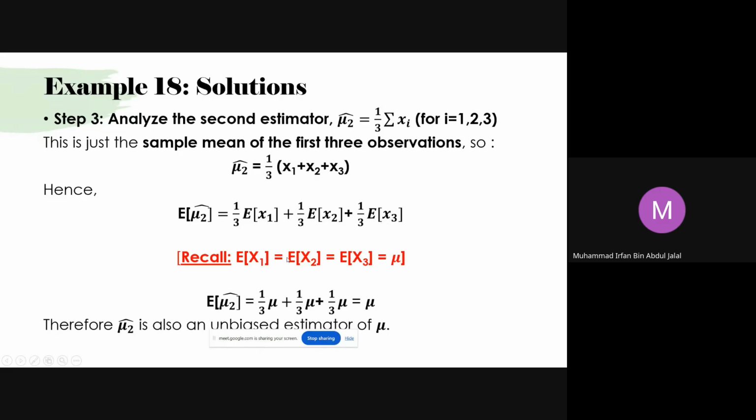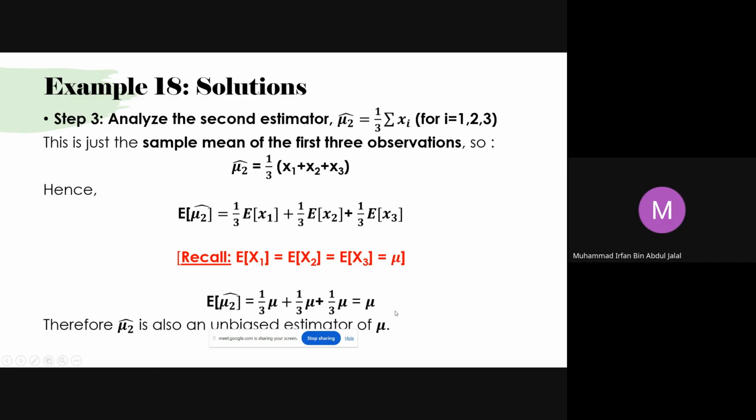And again, recall that the expectations for all these variables x1, x2, x3 come from the same distribution. So the expectation of each will be mu. You substitute mu into each of the expectation terms here, so it will be 1/3 mu, plus 1/3 mu, plus the last 1/3 mu, which is equal to mu. Therefore, the expectation of the second estimator mu2 will be equal to mu.